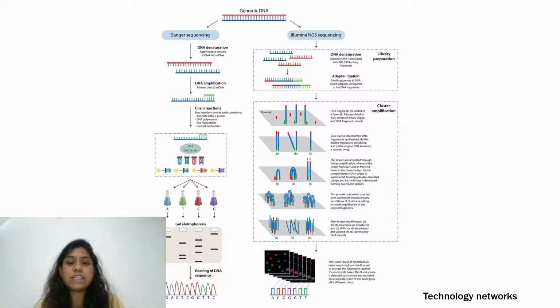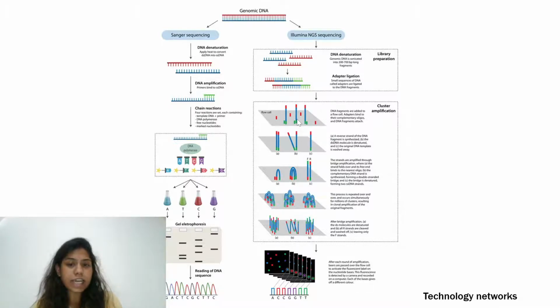So these flow cells will have several of these smaller adapter sequences attached to them. When we add this DNA fragment, the adapters will bind to the complementary regions, these smaller oligonucleotide regions, and the DNA fragments attach.